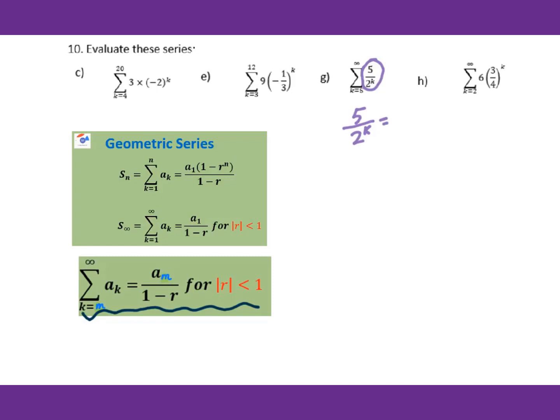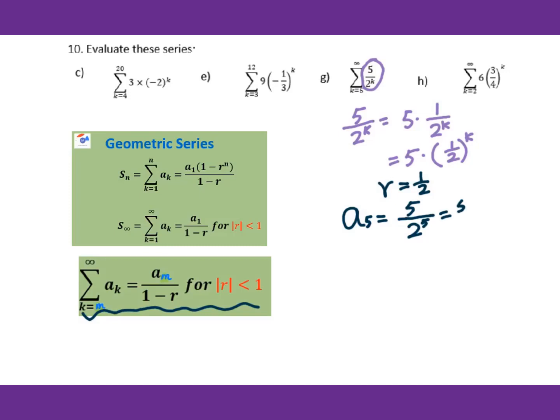That I can write down 5 times 1 over 2 to the kth power. Therefore, we could say r equals 1 over 2. We are looking for a sub 5, which equals 5 over 2 to the 5th power.